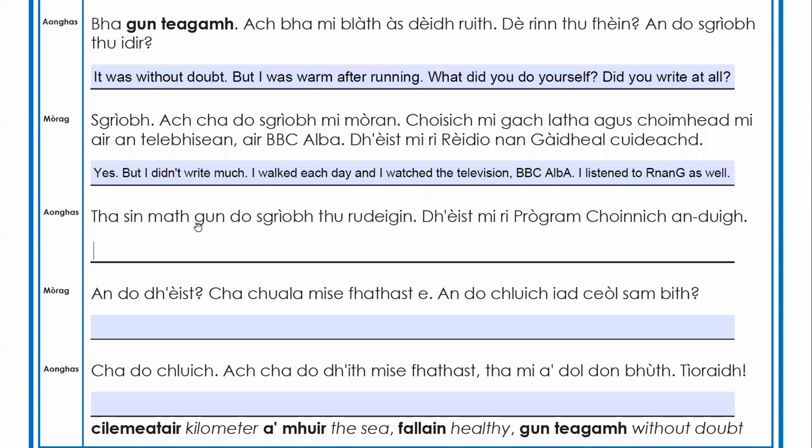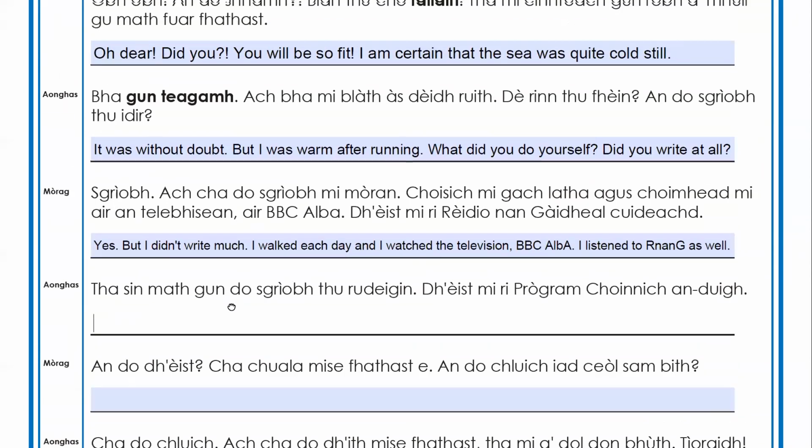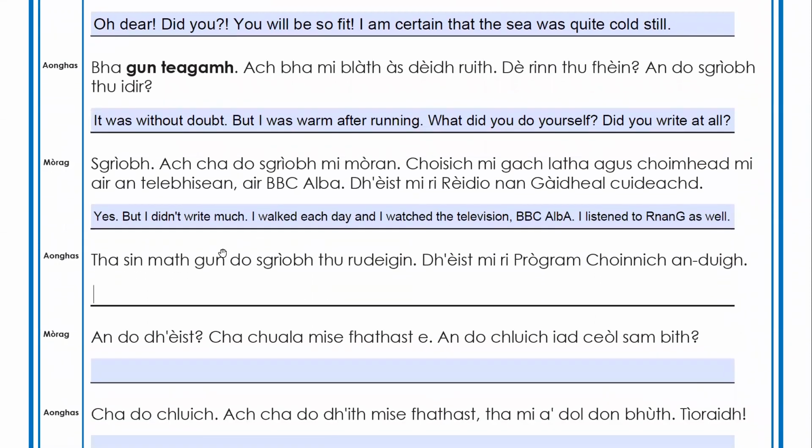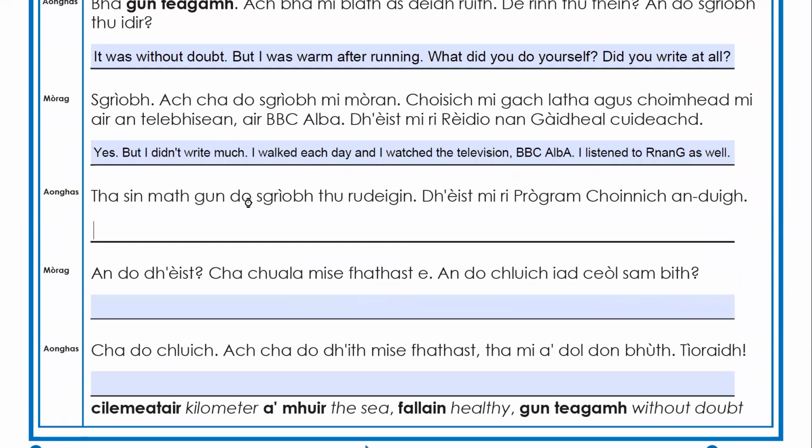Hashin ma gun skrif. So here we can see like gun ro, hami kinchach gun ro. I am certain that. Here we have wrote in a subsequent clause.